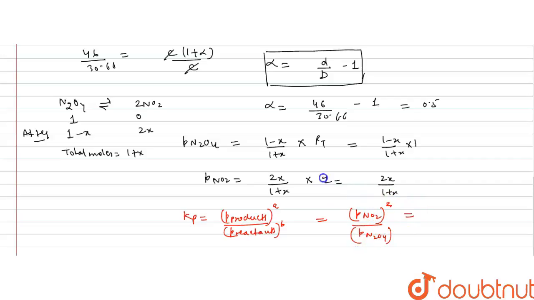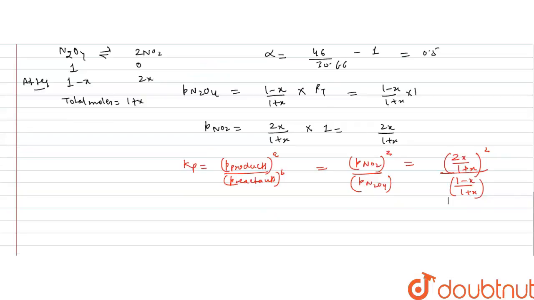Partial pressure of NO2 is 2X divided by 1 plus X into 1 atmosphere, the total pressure of the reaction mixture, squared. And the partial pressure of N2O4 is 1 minus X upon 1 plus X.